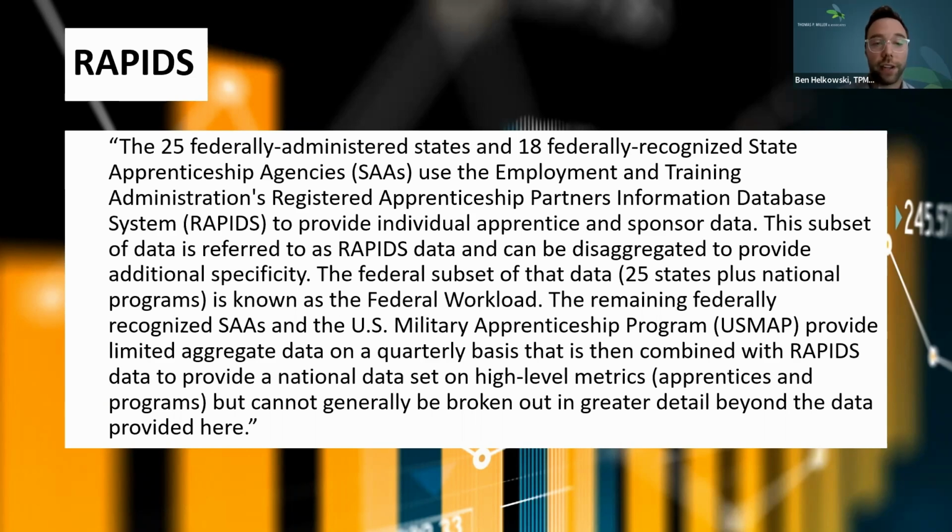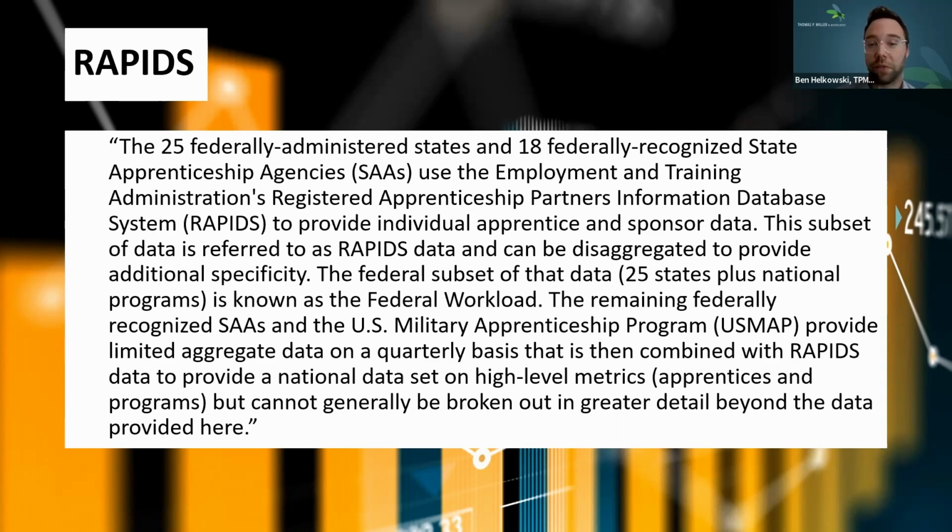The federal subset of that data, 25 states plus national programs, is known as the federal workload. The remaining federally recognized state apprenticeship agencies and U.S. military apprenticeship programs provide limited aggregate data on a quarterly basis that is then combined with RAPIDS data to provide a national data set on high-level metrics, apprentices and programs, but cannot generally be broken out into greater detail beyond data provided here.